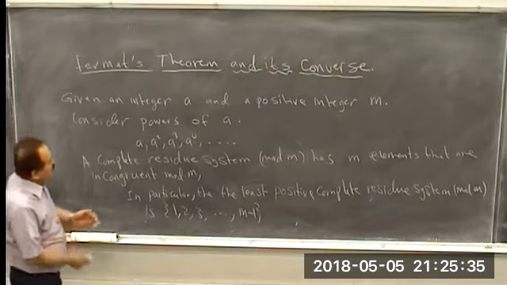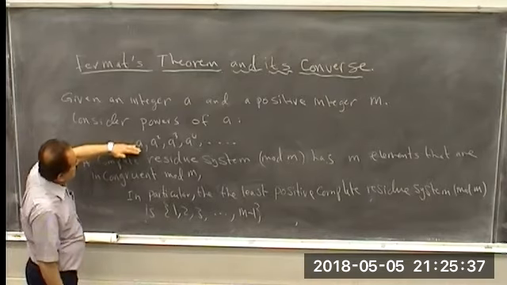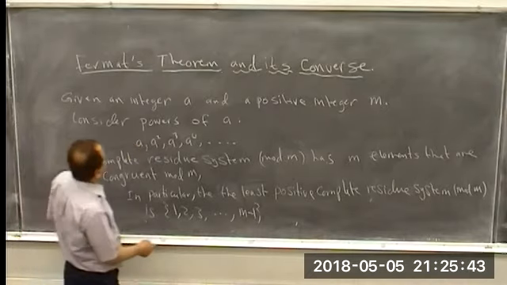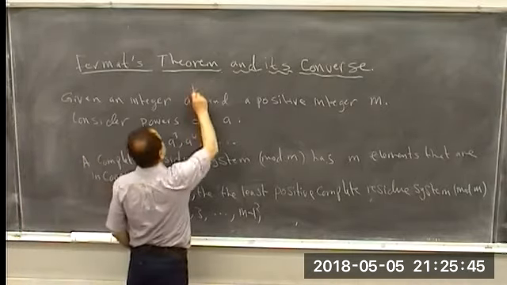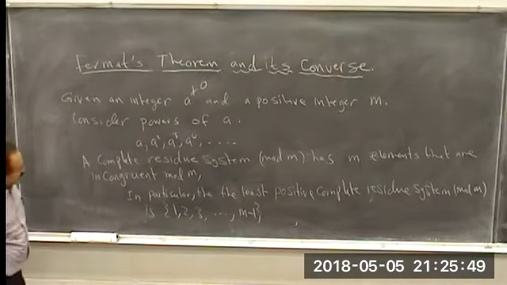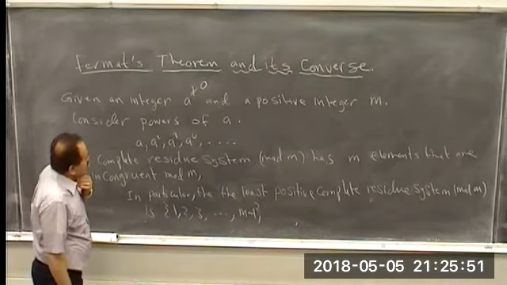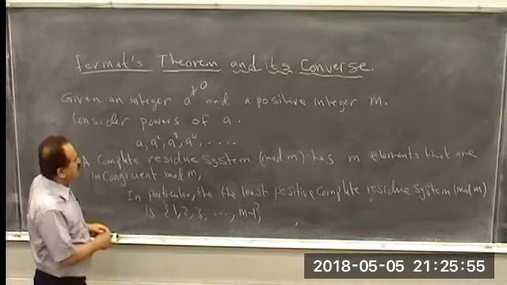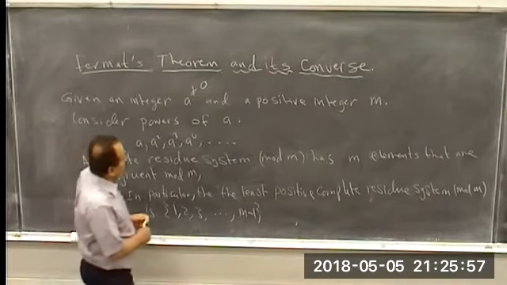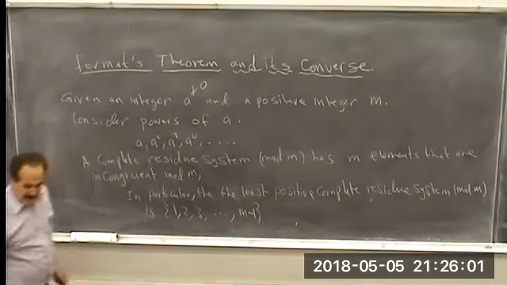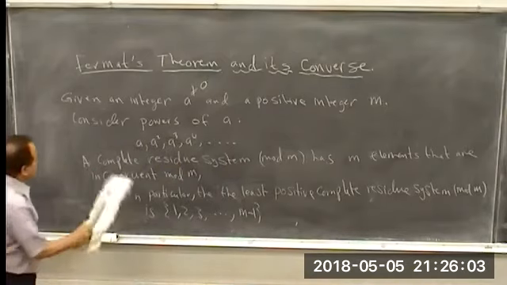Now, when we take these powers of A, and we don't want integer A to equal 0, since that's not an exciting situation, then this sequence of powers is going to repeat.